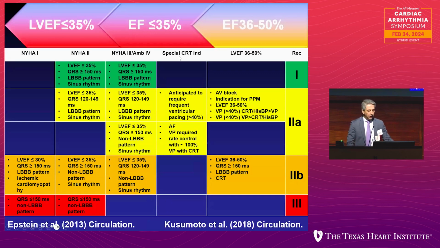So just briefly summarizing, based on the data, what the indication for biventricular pacing is, without going into the details of the New York Heart Association class or QRS duration or the conduction system pattern: by and large, in patients with ejection fraction less than 35%, biventricular pacing is indicated for QRS greater than 120 milliseconds, again with caveats depending on the actual underlying conduction system disease.